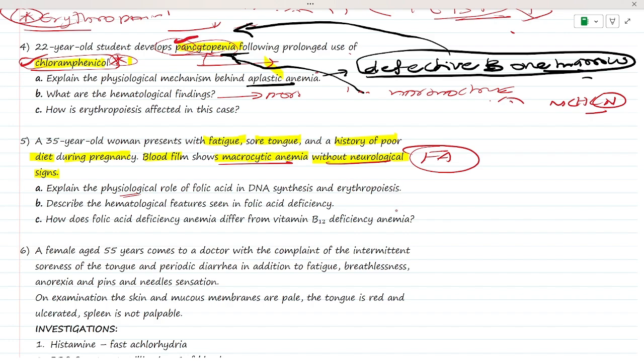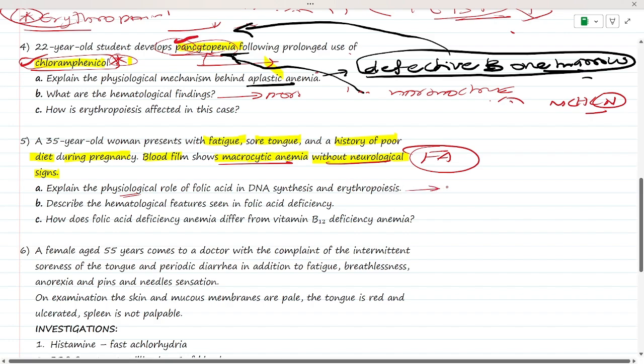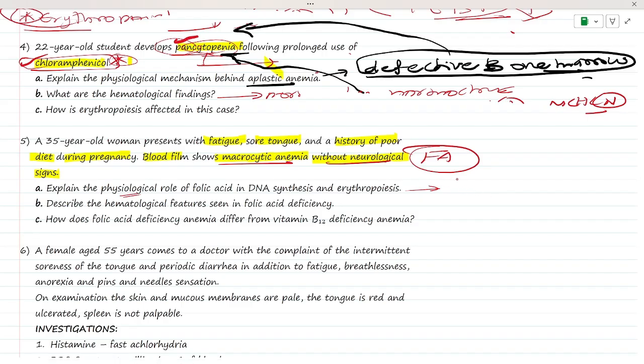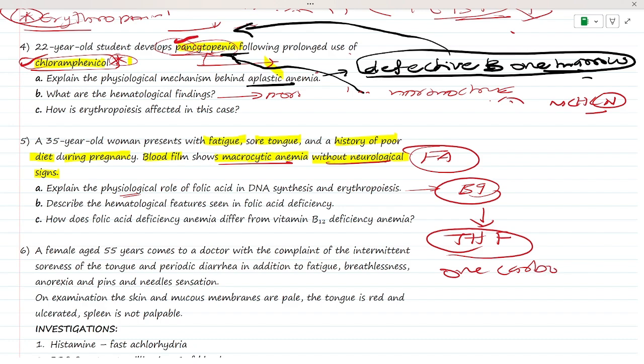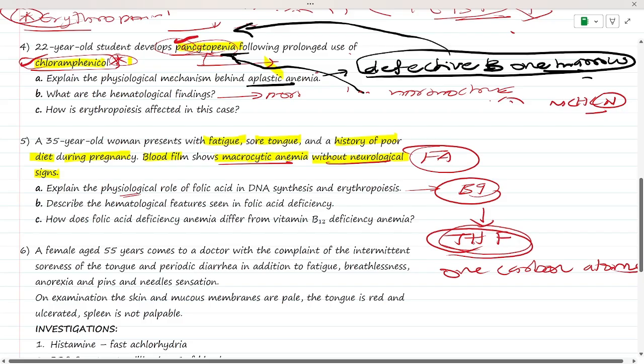See, you will be learning this in detail in biochemistry, but I'll be just giving a brief to you. Okay, this folic acid is also known as vitamin B9. This vitamin B9 is converted to tetrahydrofolate in the body, and this tetrahydrofolate acts as a carrier for the one carbon atoms.